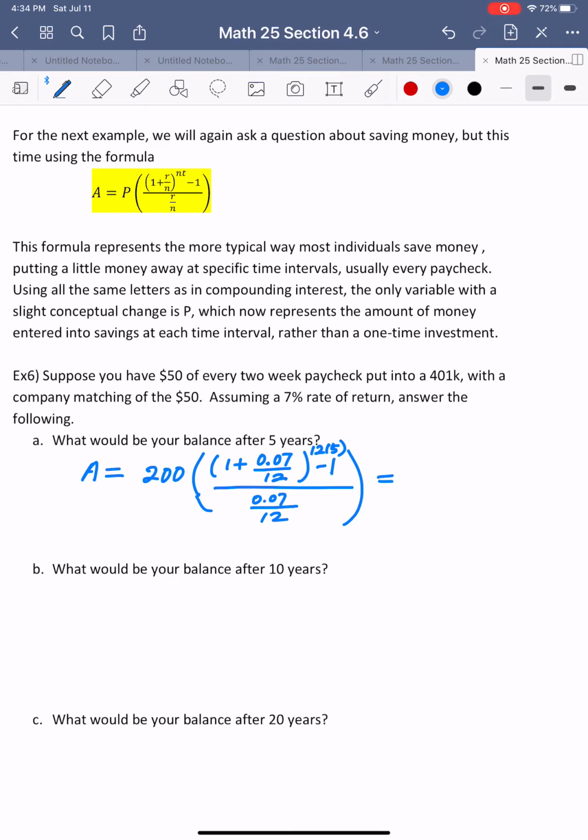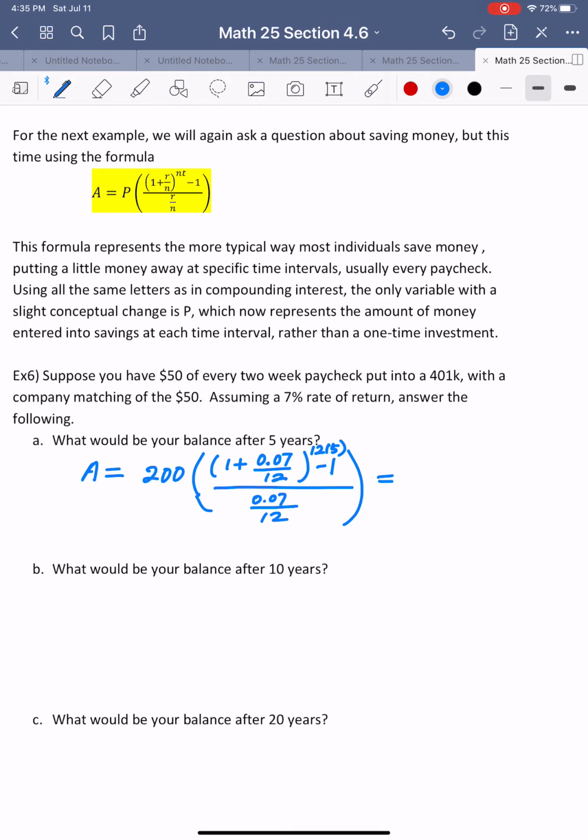Another one. So 1 plus 0.07 divided by 12 to the power of 12 times 5.